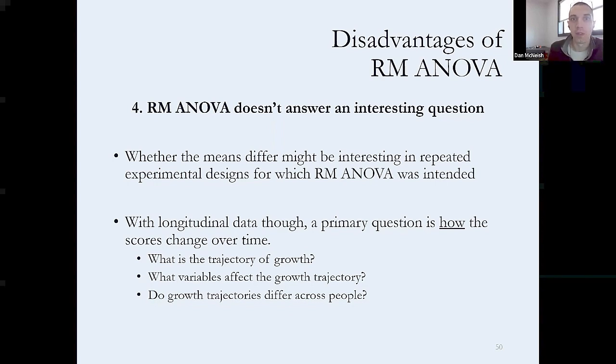A lot of times in longitudinal data, one of our interests is what the growth trajectory looks like, adding covariates to explain why there are differences in the growth trajectory, adding predictors into the model to say what affects where people start or what affects how fast they grow. Those types of questions are not impossible to answer in repeated measures ANOVA, but they're not the main focus. The main hypotheses in this framework are usually about mean change and omnibus tests about equality.